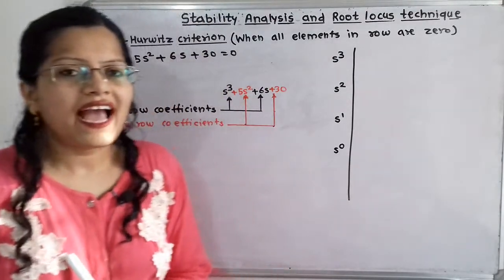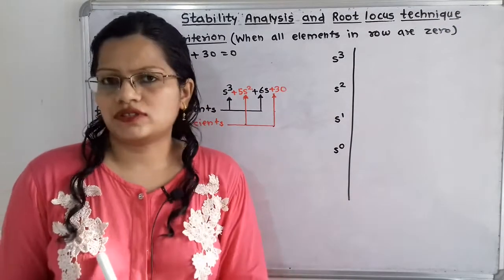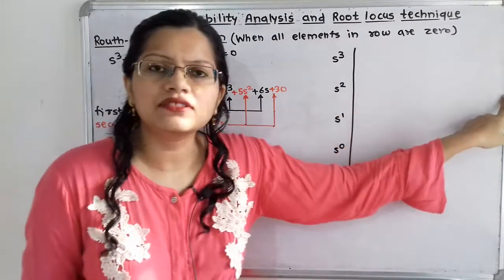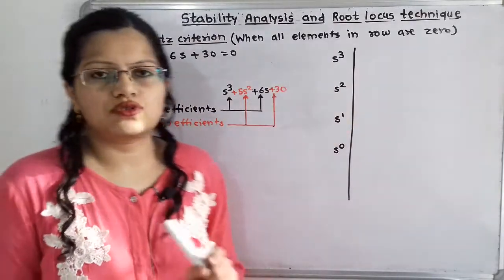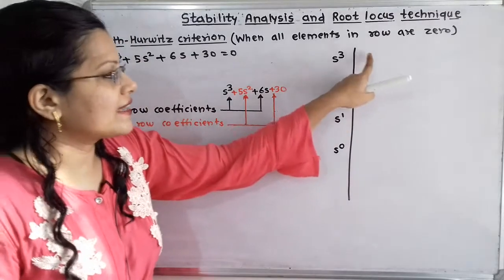Now we have to take the elements of the first two rows. We consider the numbers from the given equation to complete these two rows. In which manner do we take the numbers?